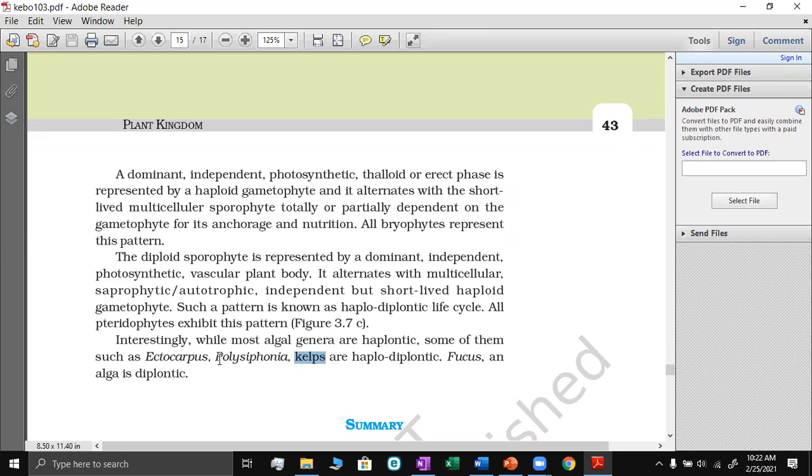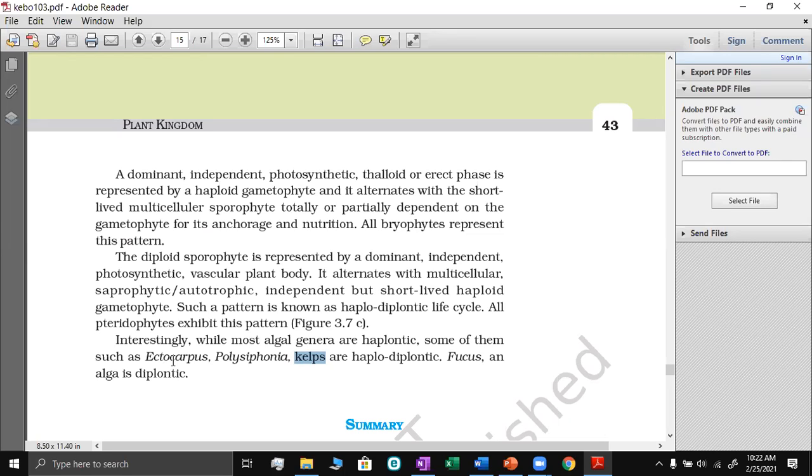So this shows haplodiplontic. And another, Fucus, and members of Rhodophyceae, show a diplontic life cycle like the higher plants. Higher plants means angiosperms and gymnosperms.